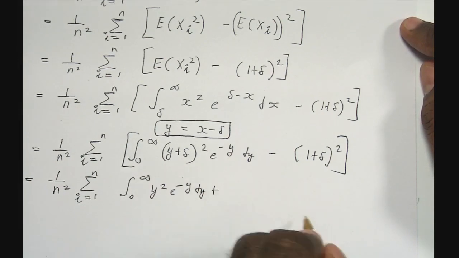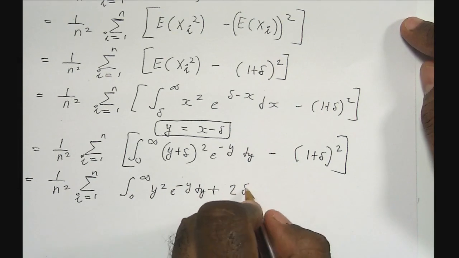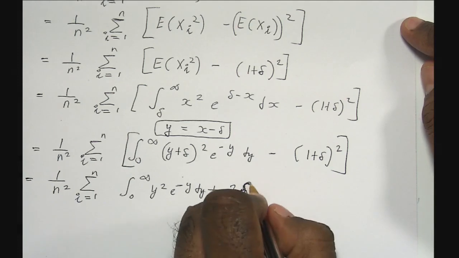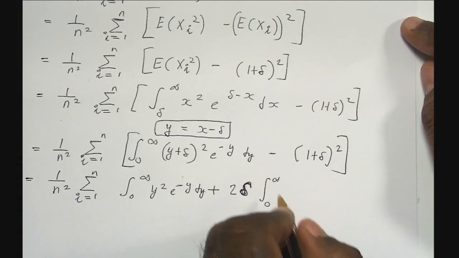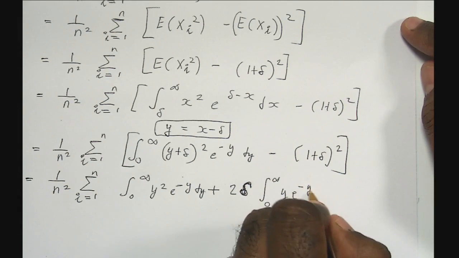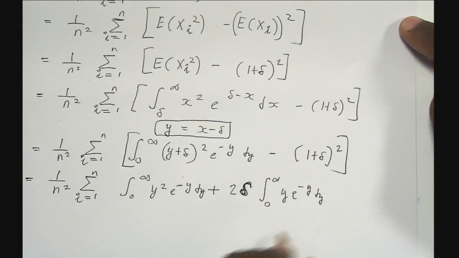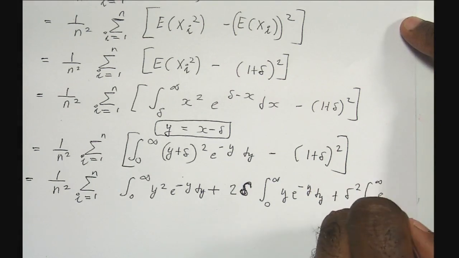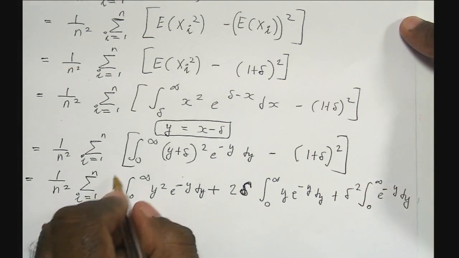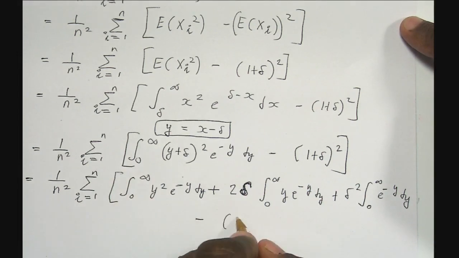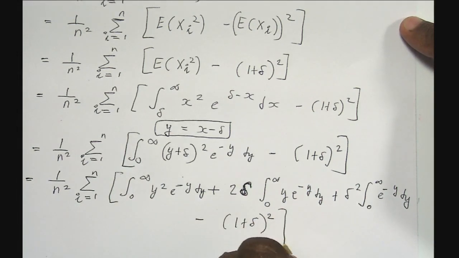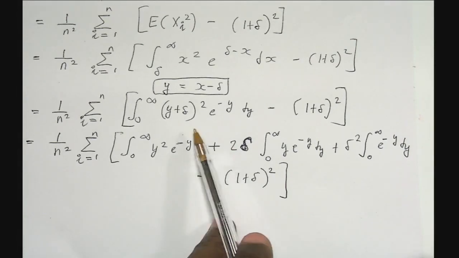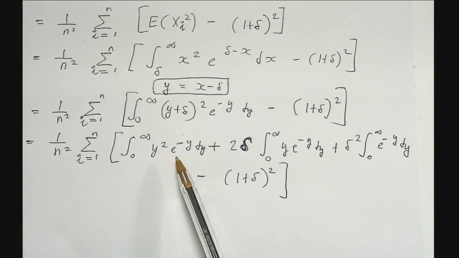The second integral will be 2 delta times the integral of y e to the minus y dy, and the third integral will be delta squared times the integral of e to the minus y dy. Are you guys with me? When you expand the brackets, you get three different terms, so three different integrals, guys.